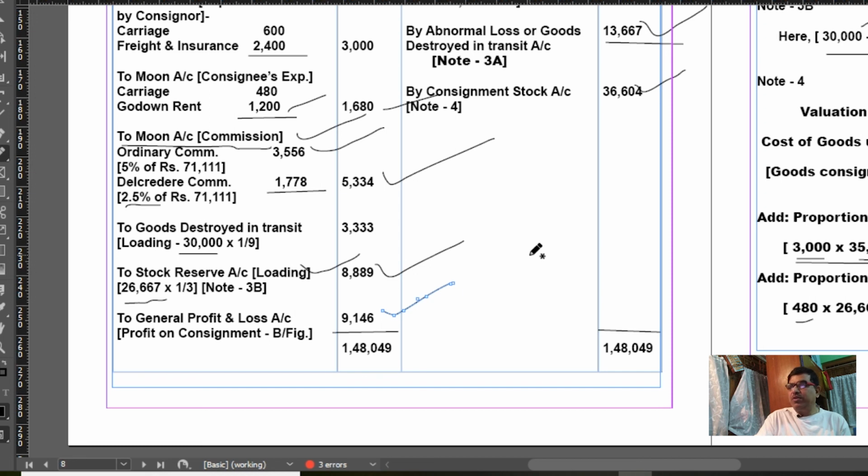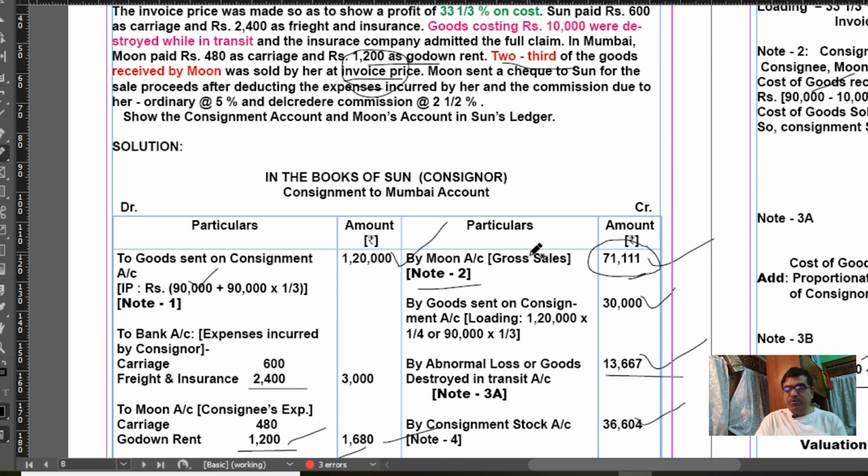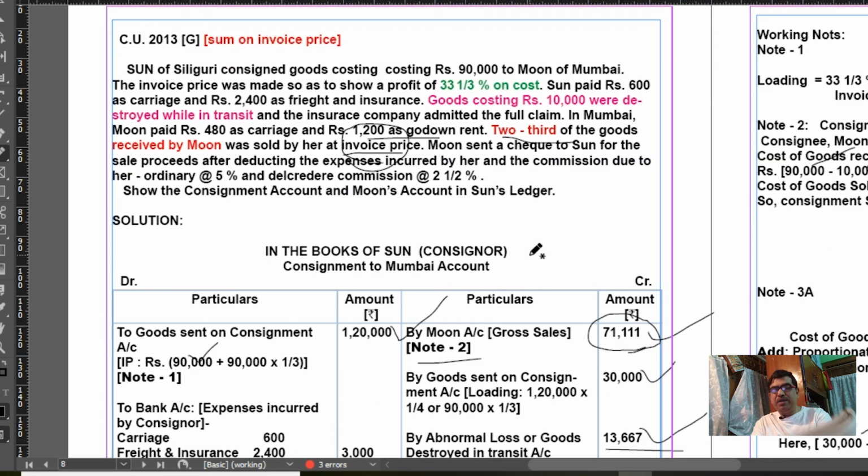This is really a very important question indeed. And you have to calculate this question very carefully. You have to work out this problem very carefully. Otherwise, you can't do. And you are asked to prepare consignment account and at the same time Moon's current account. Now come to the next point, Moon's current account.